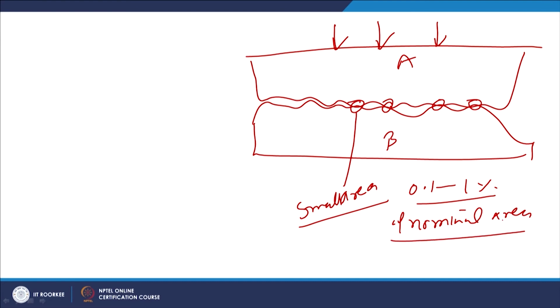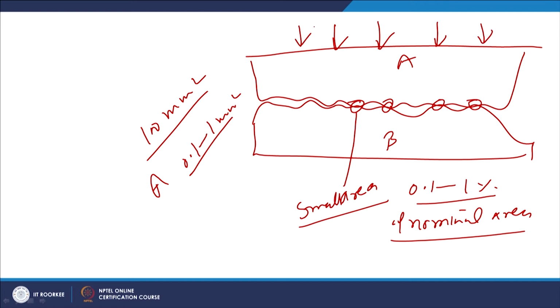If the nominal area is say 100 mm square, then the actual contact area will be just 0.1 to 1 mm square, which is very small. So under the given load, the true stress at these locations will be extremely high, because the nominal area is large while the actual contact area is very small.